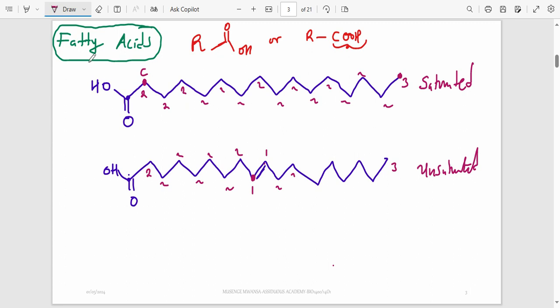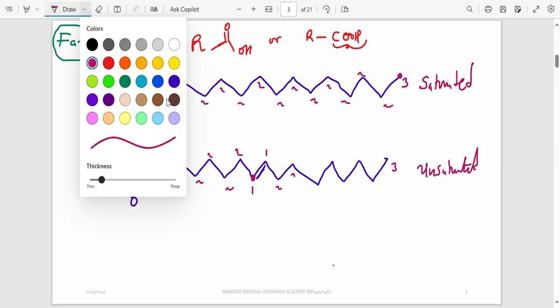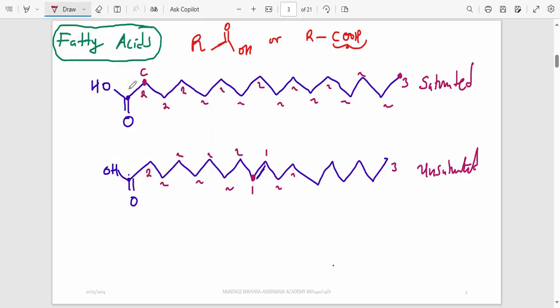So now let's determine the general or chemical formula for these compounds. Let's start with the saturated fatty acid. You can see at the end we have got carbon, and the functional group is COOH, like that. And then look at what it is bonded to: a carbon with two hydrogens.